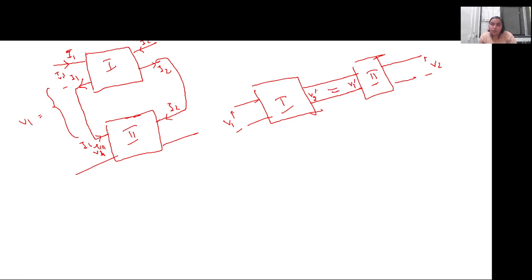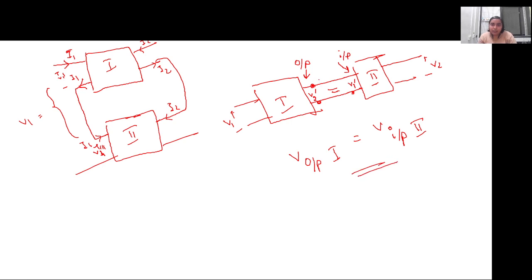So these two voltages are equal. The voltage of the output of network 1 is equal to the voltage of the input of network 2. See, this is the output voltage of network 1 and this is the input voltage of network 2, right? These two voltages are equal.